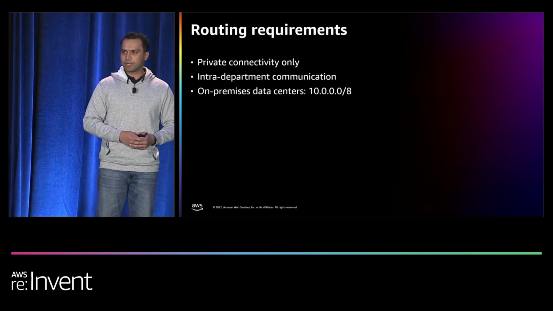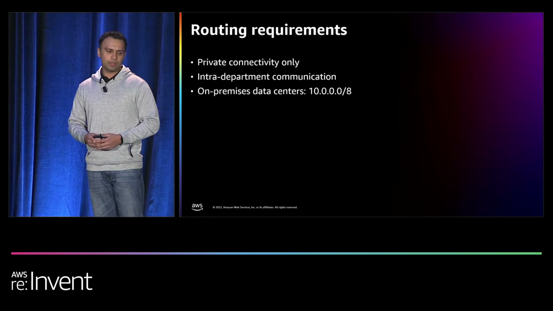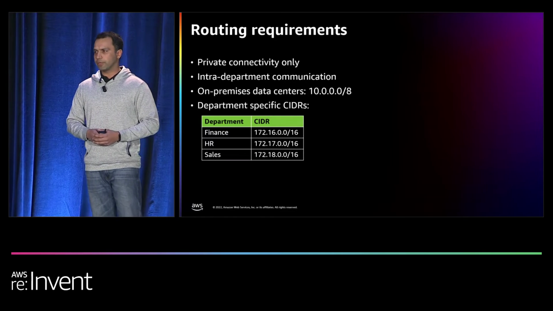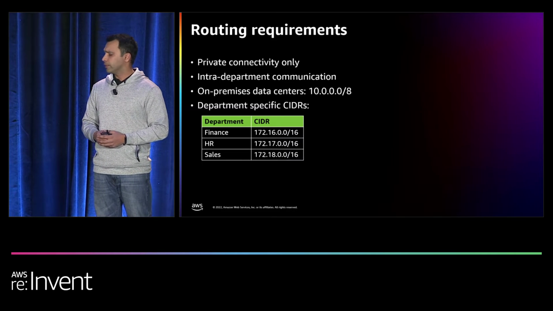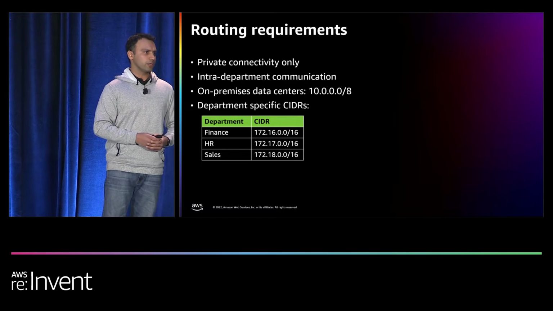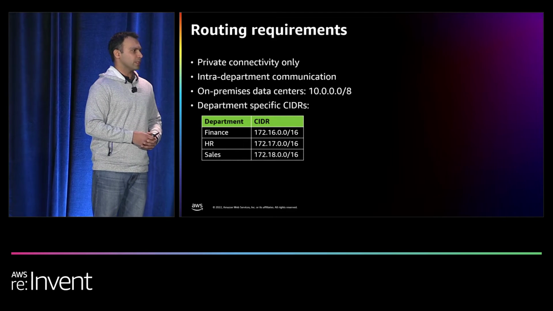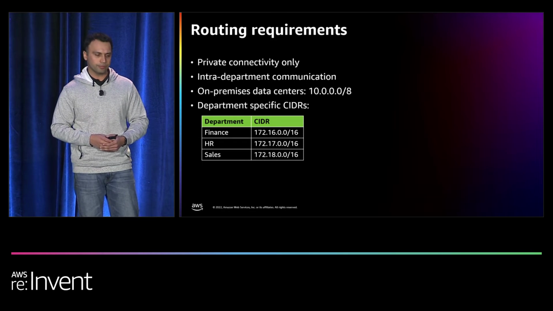The on-premises data centers are all within the 10.0.0.0/8 range. And all the department-specific CIDRs have their CIDRs allocated from the 172 range. So finance is 172.16.0.0/16, HR is 172.17, and sales is 172.18.